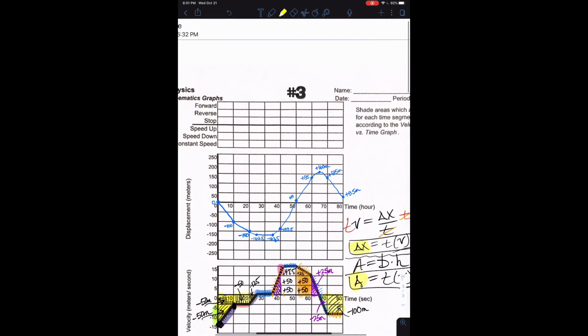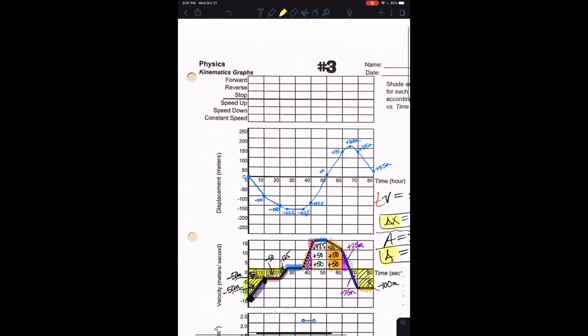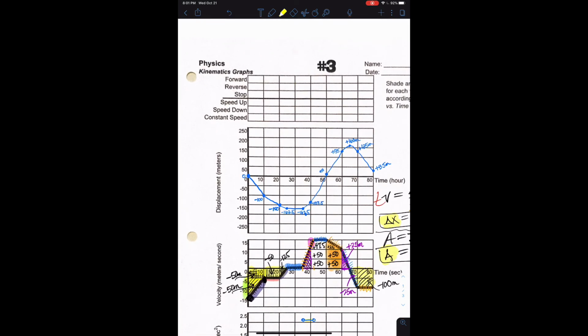The last part is to use the velocity versus time graph to answer these questions at the top. So let's remember, when the velocity is positive, we're moving forward. When the velocity is negative, we're moving in reverse. When the velocity is 0, we are stopped. When the velocity is going away from 0, we are speeding up.